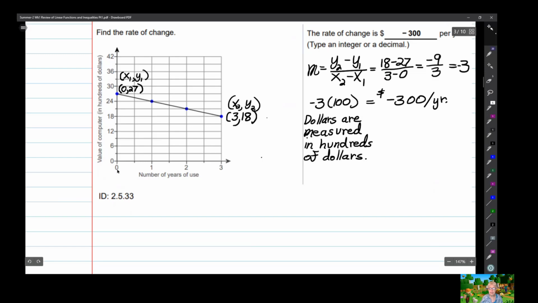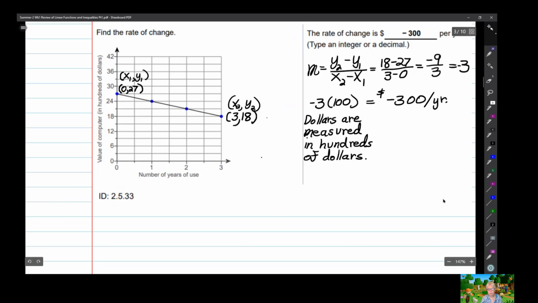In math and in science, year 0 is the beginning of the measurement. Then 3 years later, the value of the computer in hundreds of dollars is 18. That is $2,700 and $1,800.